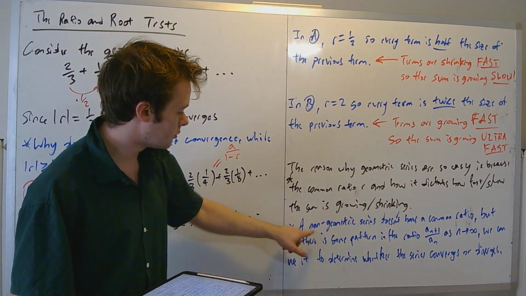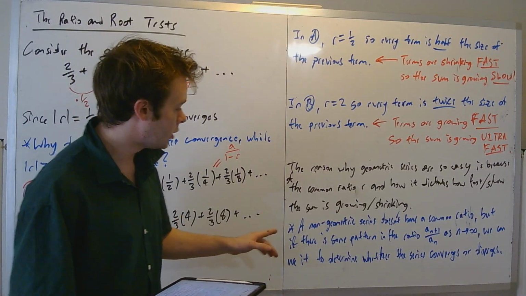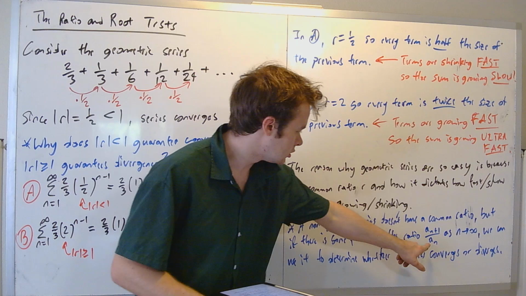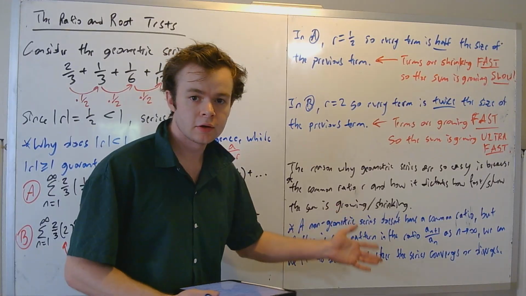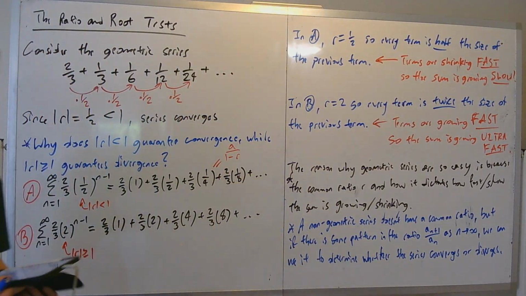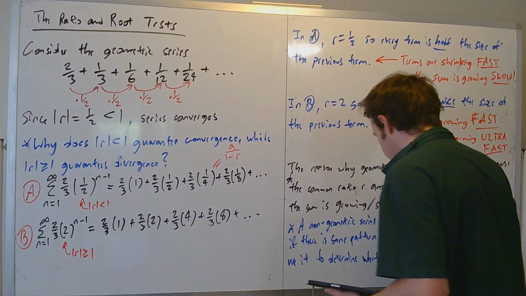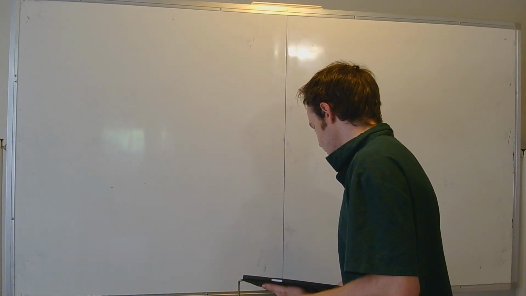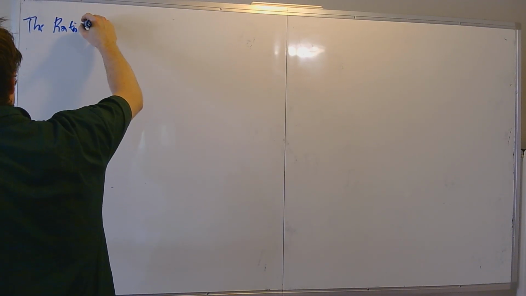And we can say, well, if we have something that's non-geometric, that's not going to have the same ratio. But if we take this ratio here and take the limit as n goes to infinity, if it's equal to some number, then we can actually say whether our series is going to converge. So that's going to be using what's called the ratio test. So let me write down here, this is the ratio test.